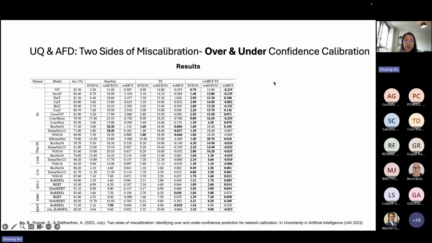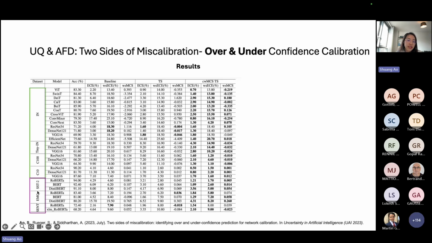So here's our result. This is a very big table, because we did extensive experiments. The green one is for image classification: ImageNet, Tiny ImageNet, CIFAR-100 and CIFAR-10.